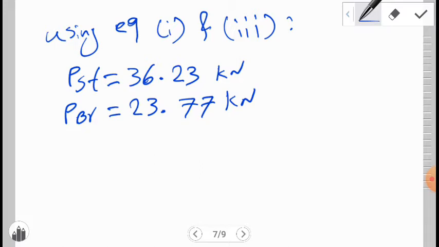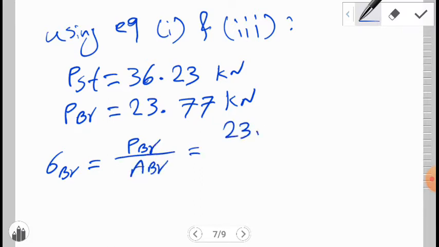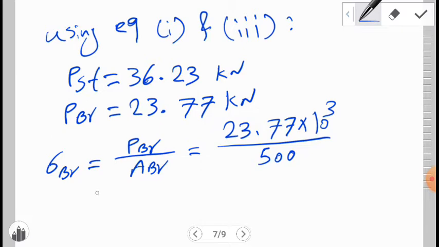For finding the normal stress in the brass, we can simply write sigma in the brass is equal to P brass divided by A brass. 23.77 kilonewton to newton, divided by A brass, which is 500 millimeter squared. That's why we can say sigma brass is equal to 47.54 MPa.